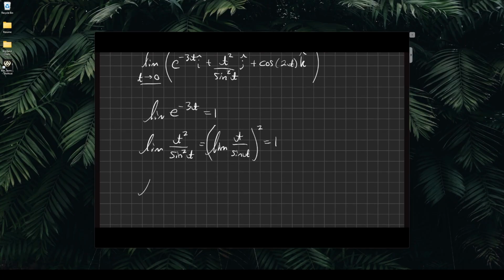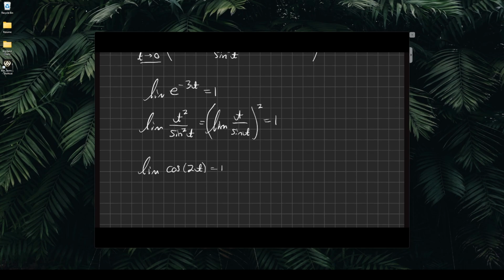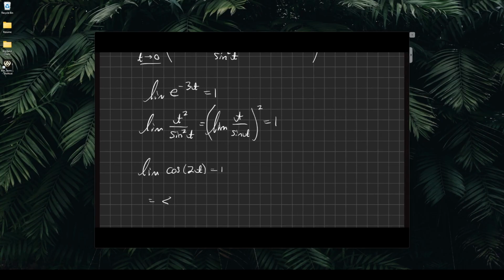And then we'd have the limit of cosine of 2t. This is perfectly defined. Cosine of 0 is just 1. So then our limit is the vector given by 1, 1, 1, because all these limits evaluated to 1 in this case. Okay.